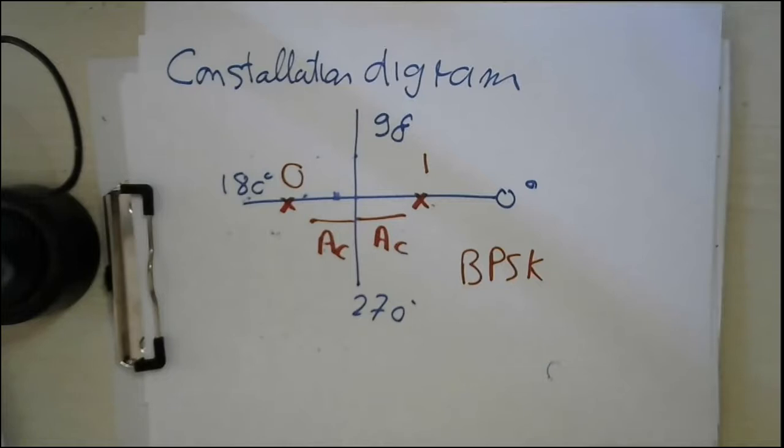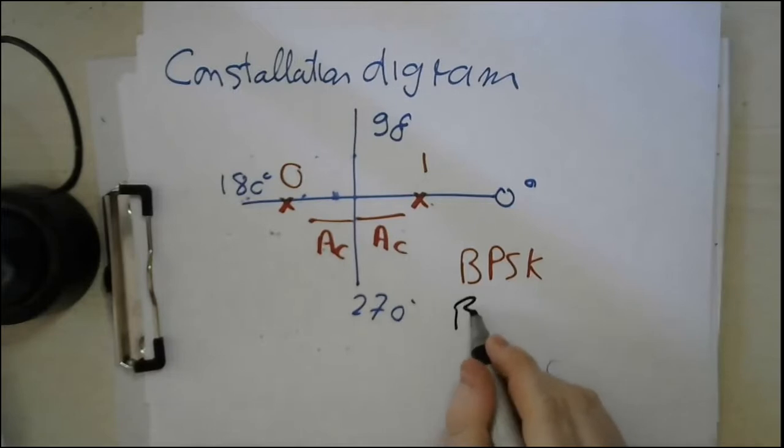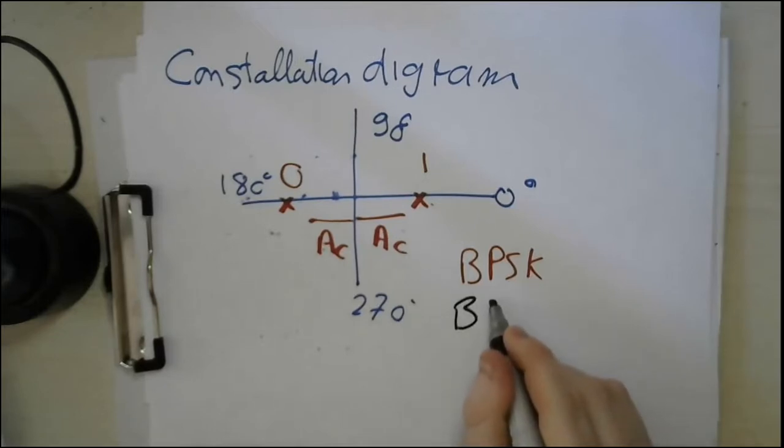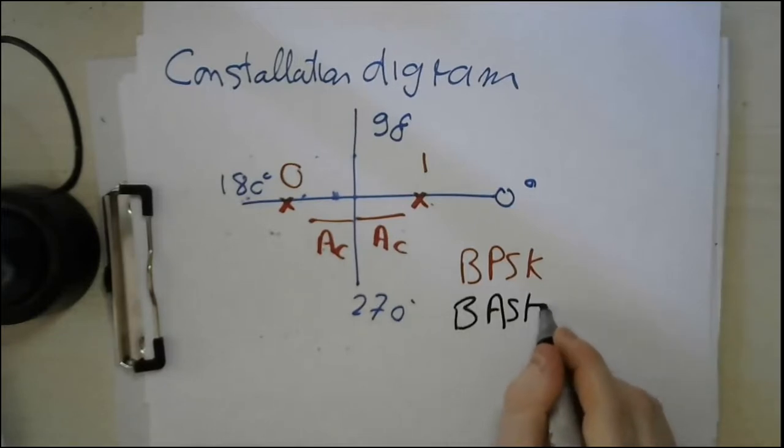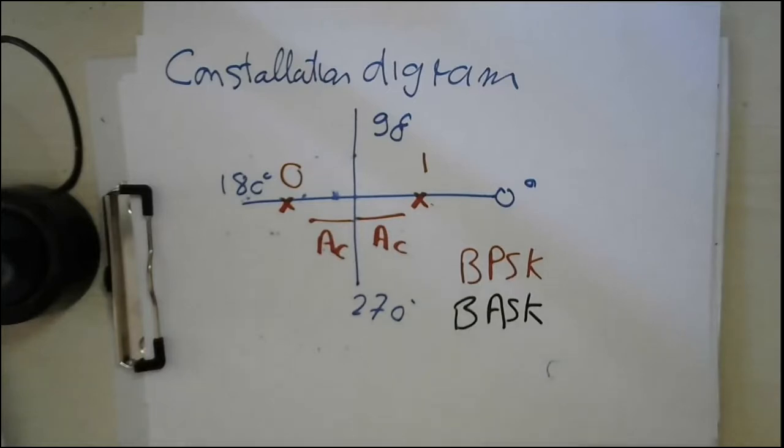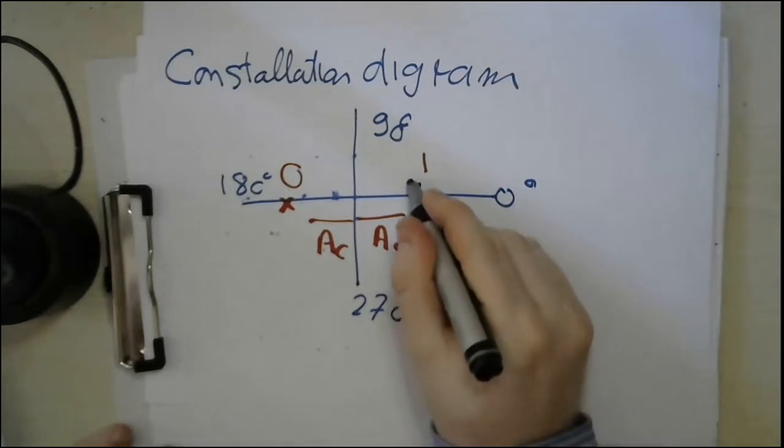Using the same method, you can also plot a constellation diagram for the binary amplitude shift keying. In the binary amplitude shift keying, again, you have two conditions. In the first condition, you are generating the carrier with 0 phase, so it will be typically the same as this.